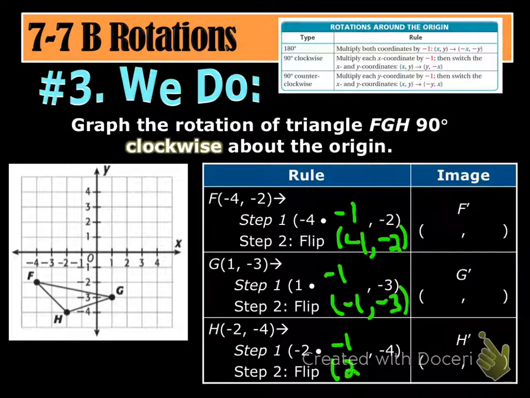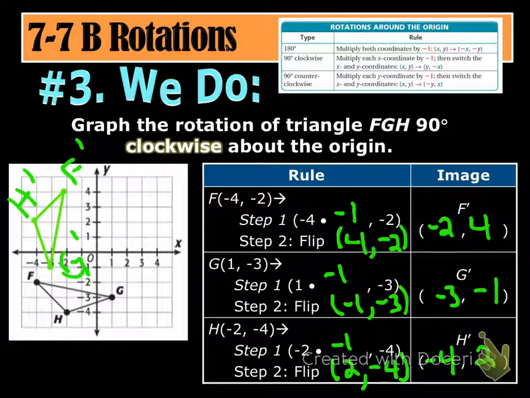And +2, -4. Because remember, a negative times a negative gives you a positive. Now, step 2, flip the x and y. So, -2, 4. -3, -1. -4, 2. And then if we plot them, it'll look like this. That's rotated 90 degrees clockwise.